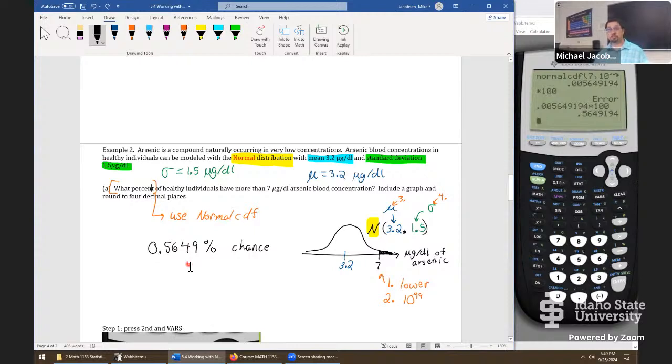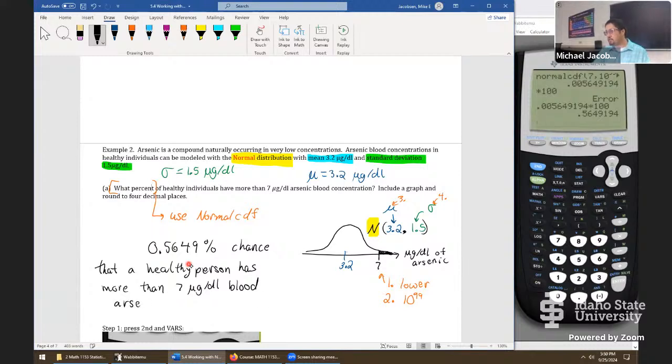Gotcha. Other questions about that? Okay, so there is a 0.5649% chance, like 0.5% chance, that a healthy person has more than 7 micrograms per deciliter blood arsenic concentration.